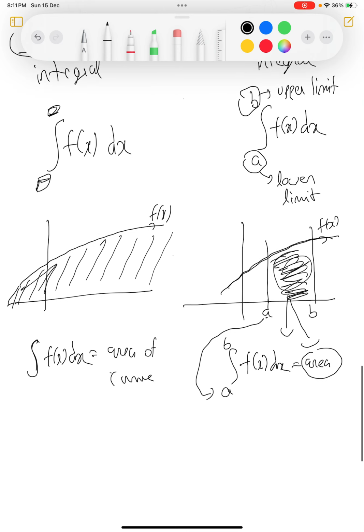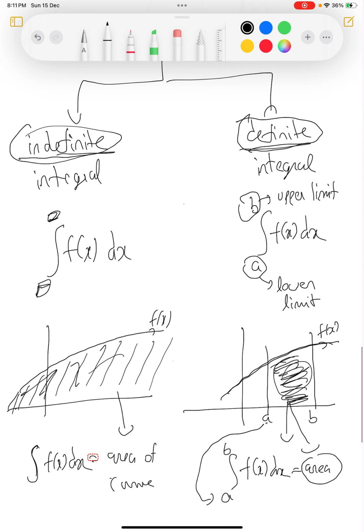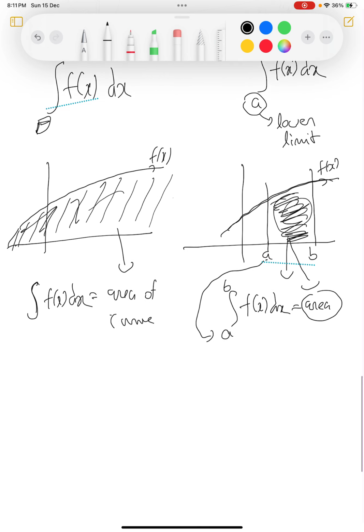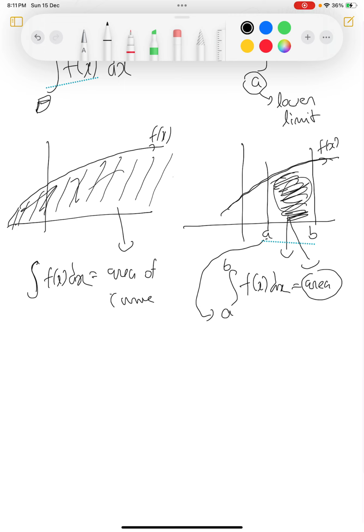Okay, so this area under the curve is this one. So these are the basic types of integration: indefinite and definite integral. Now we have understood the difference between indefinite and definite integral.